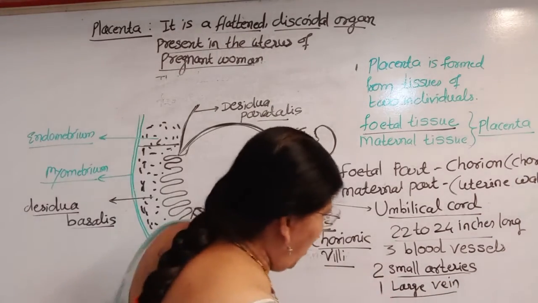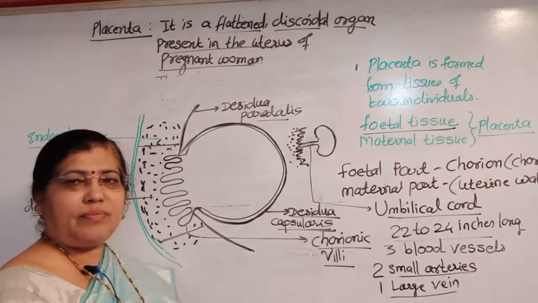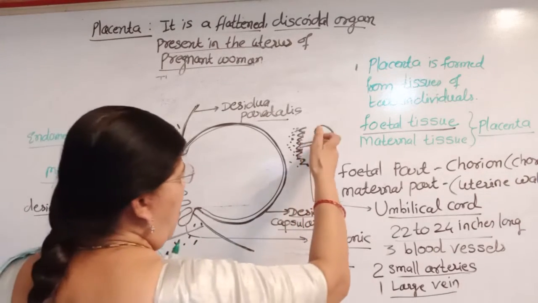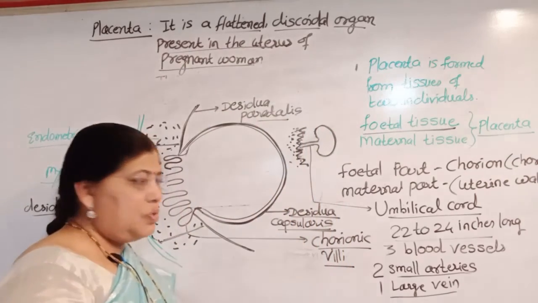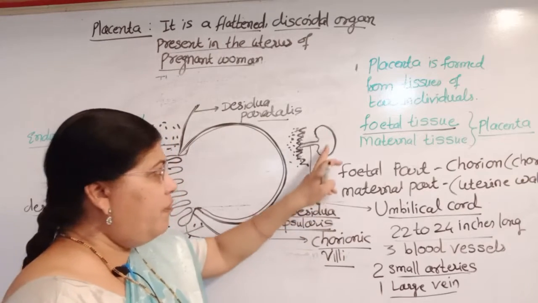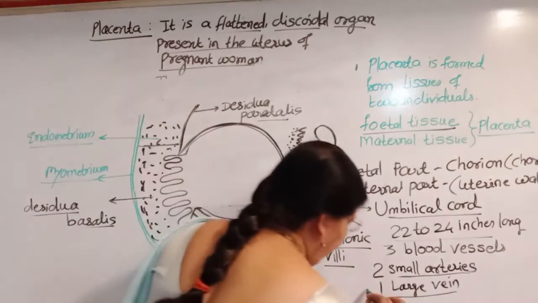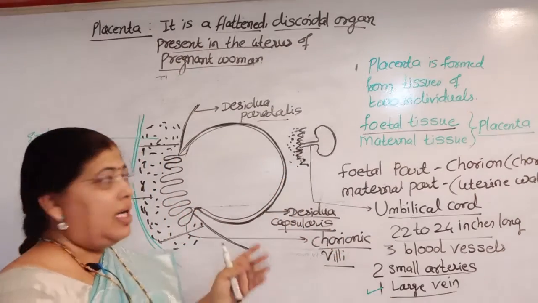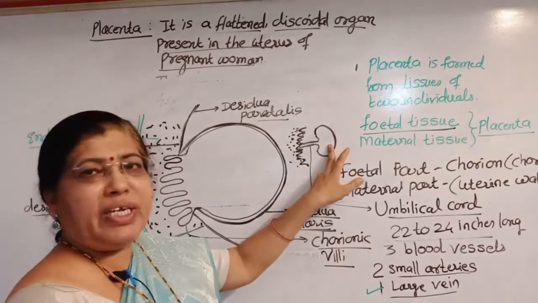So 2 small arteries which are present in the umbilical cord carry blood from fetus to placenta, and 1 large vein which is present in the umbilical cord returns blood from placenta to fetus.